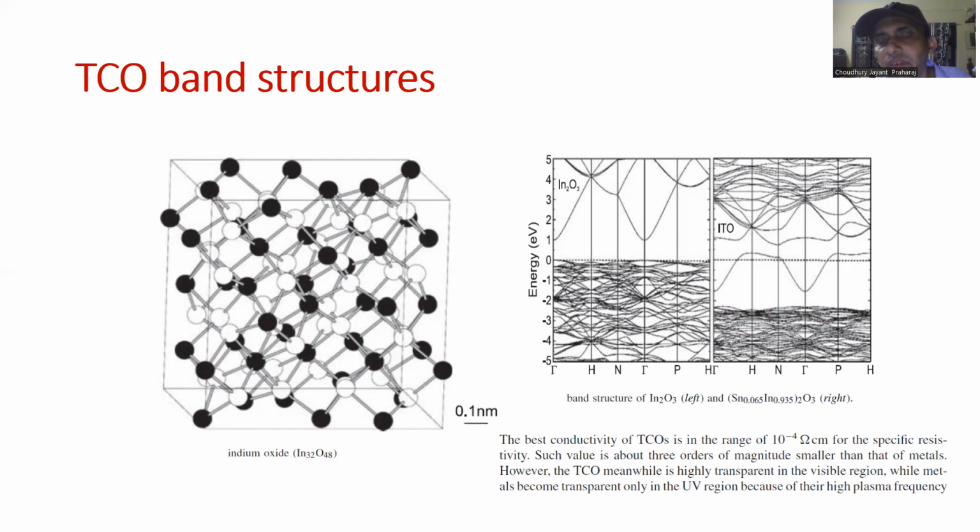So these band structures determine things like effective mass, as well as dielectric functions, and then these determine things like the plasmon frequency, and then the dielectric function and the kind of reflectance we get.